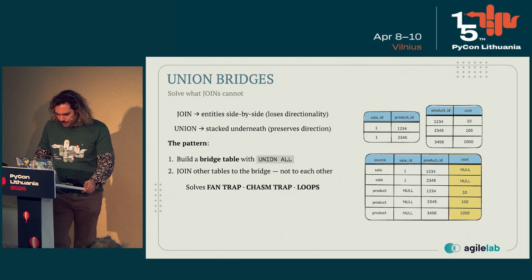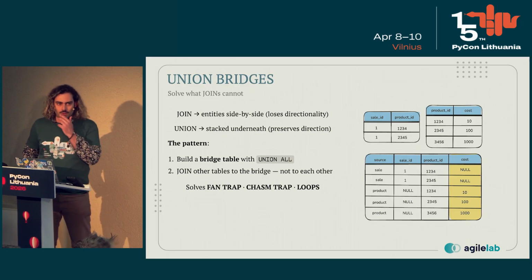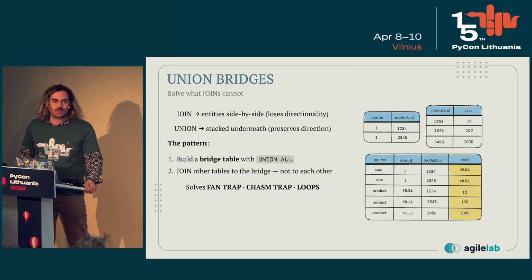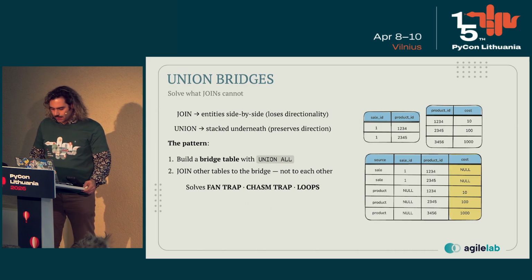So, for example, let's have a look at these two very simplified tables, the sales and the product table. The sale contains only one entity, so there has been only one transaction here that has involved two products, and the third one was left outside.